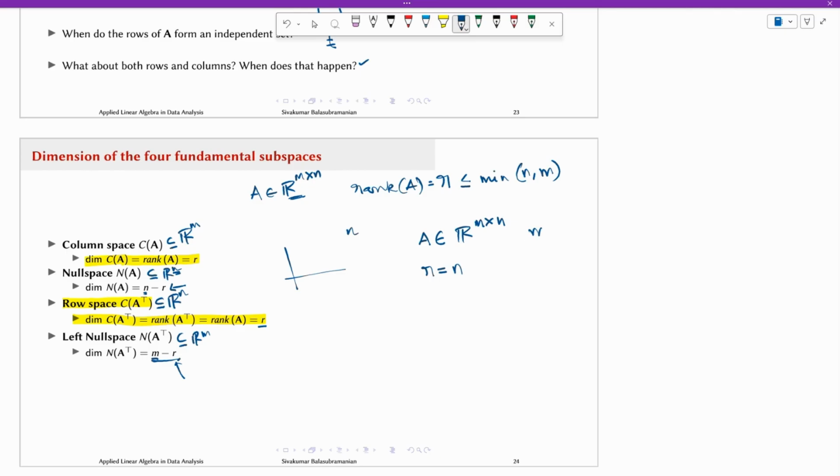Let's assume m is not equal to n. Null space is 0. What about the row space? Row space will be n, that's all. Okay, what about the column space?